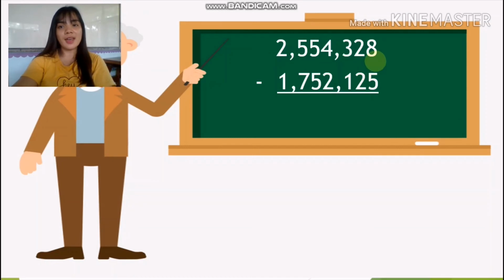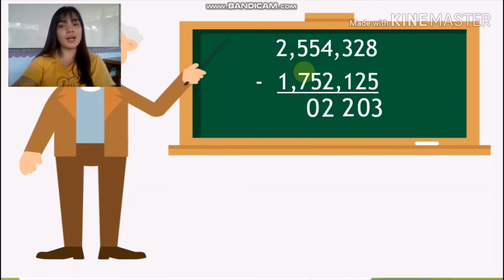How about this another example? We have 8 minus 5. It is 3. 2 minus 2 is equal to 0. How about 3 minus 1? So it is 2. Then 4 minus 2 is equal to 2. 5 minus 5 is 0.